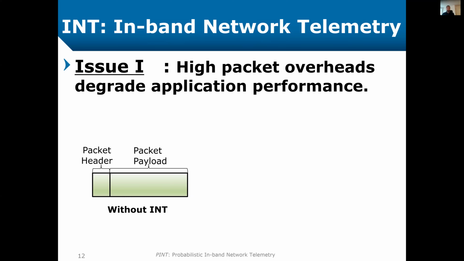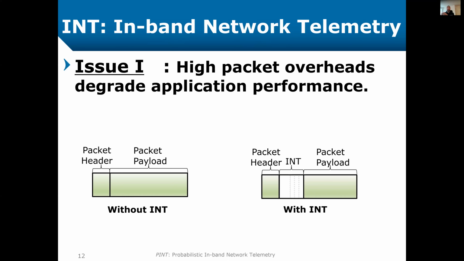Well, if you enable INT, then the sender would have to provision enough bits for the INT information so that it doesn't exceed the MTU and cause fragmentation and things like that, right? So we have fewer bits for the payload, and this means, for example, if we think of long flows, they would need to send more packets to transmit the same amount of information, right?